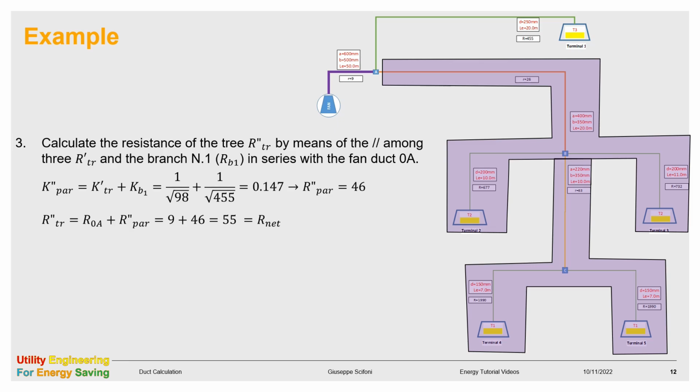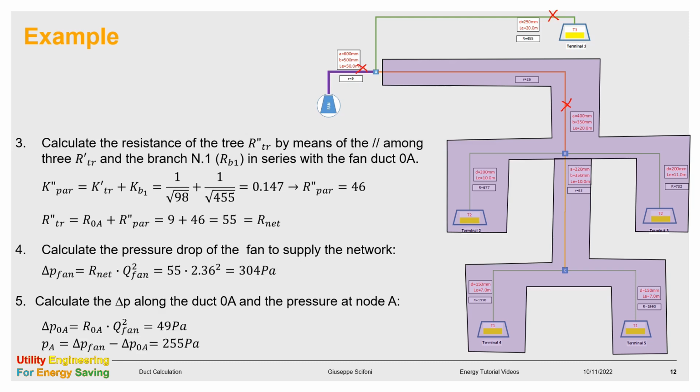We repeat the procedure for the last tree, that is R3 second, by means of the parallel among 3 prime and the branch N1 in series with the fan duct 0A. The parallel among the 3 prime and the branch B1 is achieved by adding the corresponding conductances.